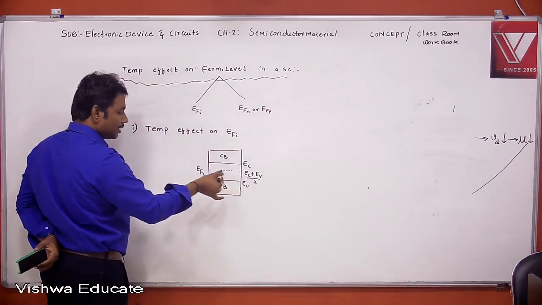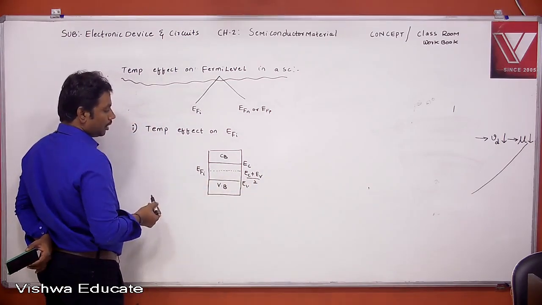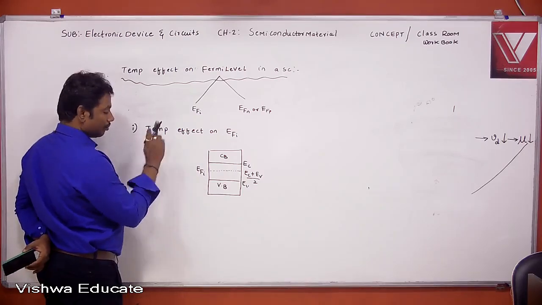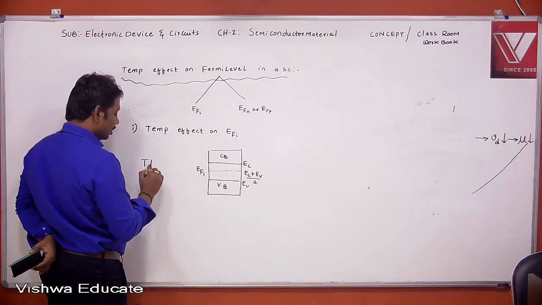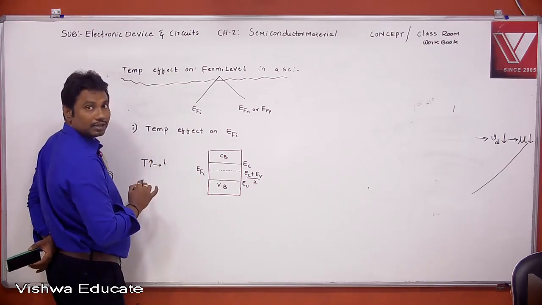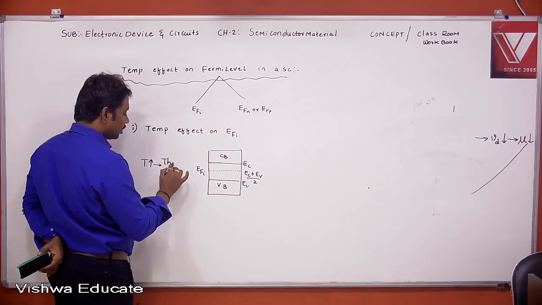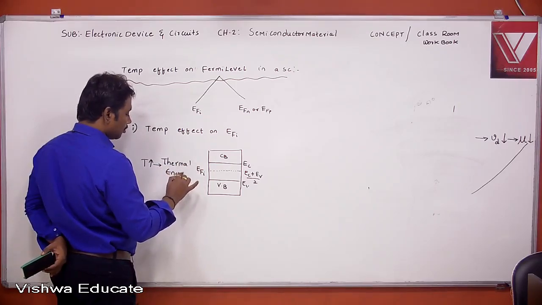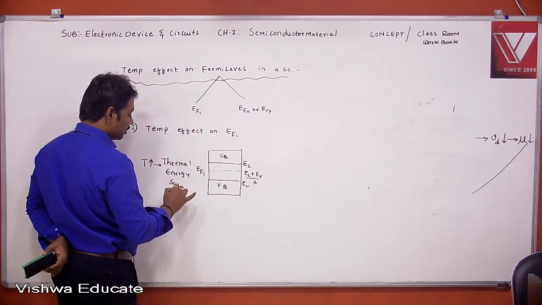Now, how will this intrinsic Fermi level be affected due to temperature? When temperature is increased, thermal energy is supplied to the intrinsic semiconductor.